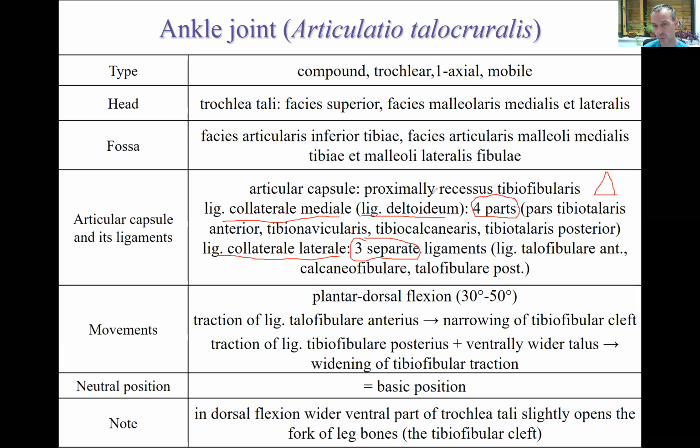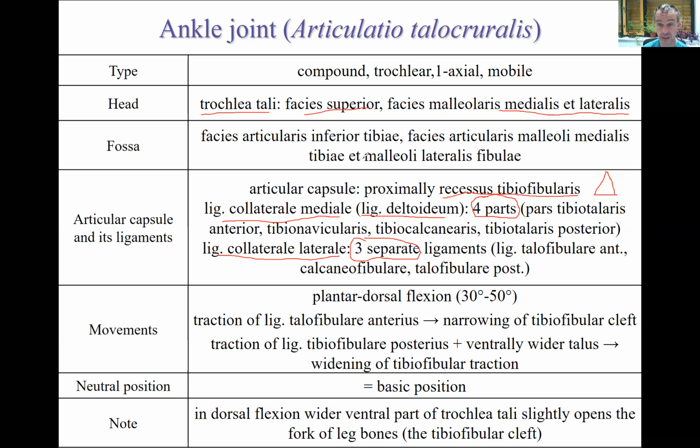As for articular capsule, we have talked about the tibiofibular recess, which is a shallow recess proximally heading towards the tibiofibular syndesmosis. Of course, head and fossa, it's a trochlear joint, so the head is trochlear, but it's not only the superior surface, but also on sides we find the medial and lateral articular surfaces.